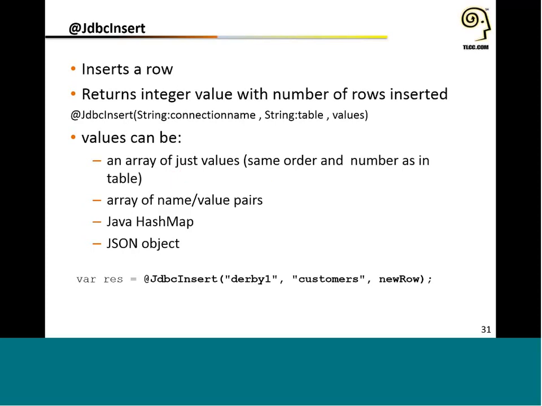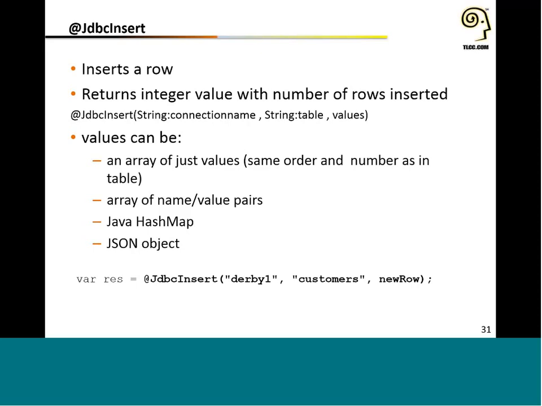Or we can have a name value pair where you could say customer equals quote John Smith quote. And you can have an array of those name value pairs. You can have a Java hash map or a JSON object. So you build up these values with one of those four data types and pass that as the third parameter to define what data you're creating.